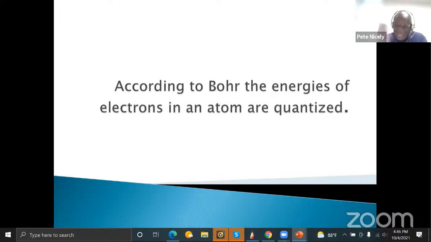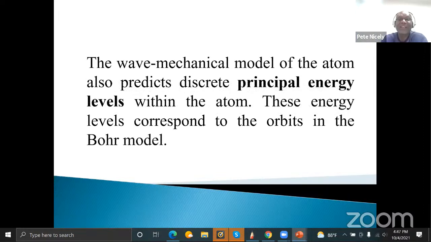Going back to the Bohr model, basically what the Bohr model suggests is that the energies of the electrons in an atom are quantized. And what that means basically is that the electron energies can only have specific values. So the electron energies cannot be continuous. They have specific values, and therefore when the electron moves from one energy level to another, the change in energy would be of a fixed value, all right?